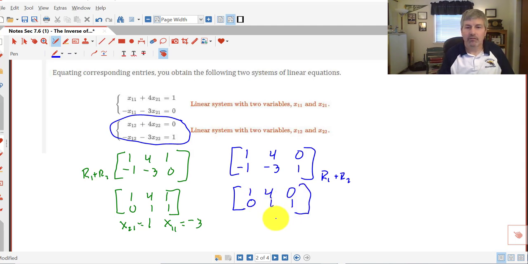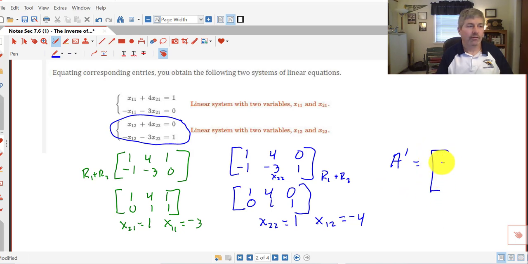So now I know that x22, which was this spot right here, is equal to 1. And I put that in. 4 times 1, x12 has to equal negative 4. My new matrix, or my inverse matrix, is negative 3, negative 4, 1, 1.